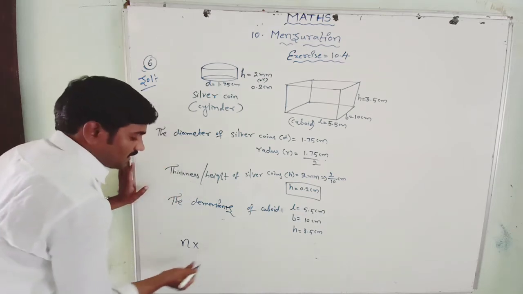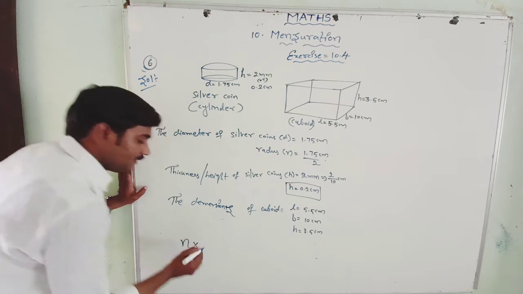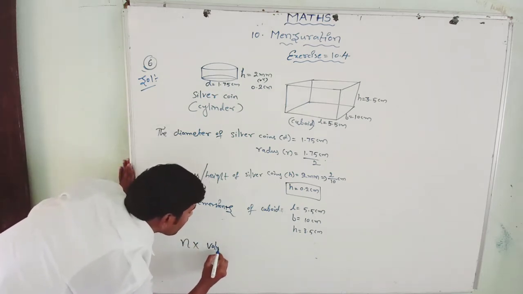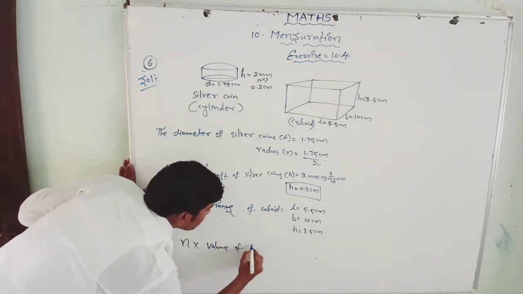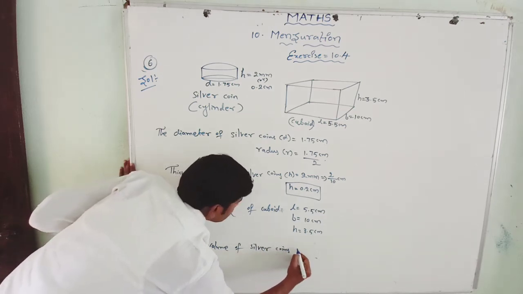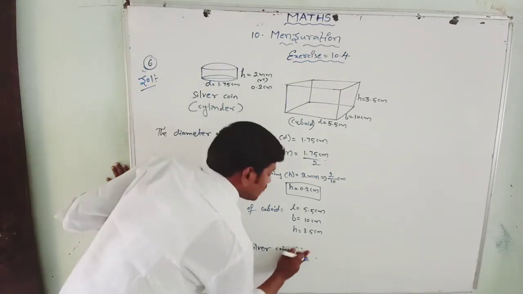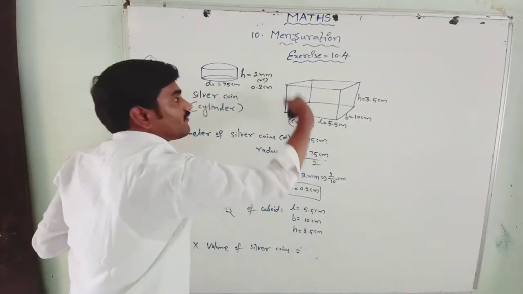How many silver coins do we need? We don't know whether to write 5, 10 or 15. So n into the volume of silver coins equals the volume of the cuboid.